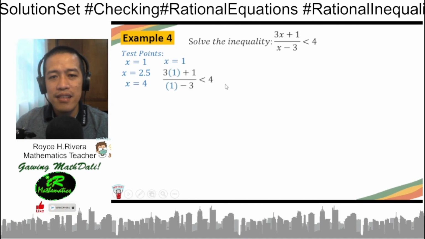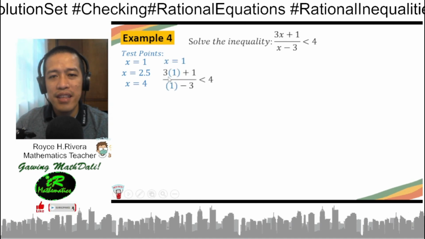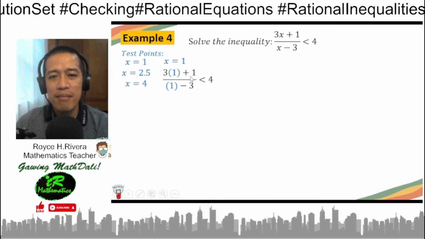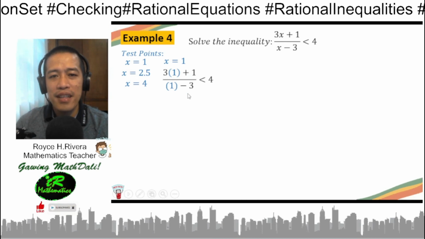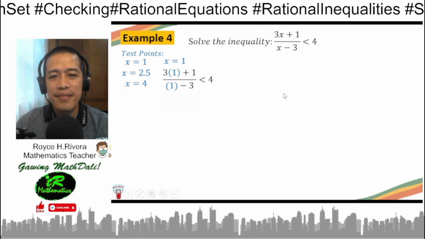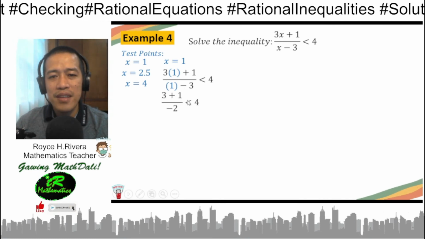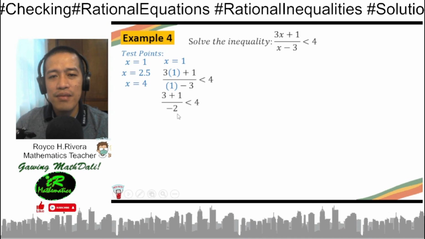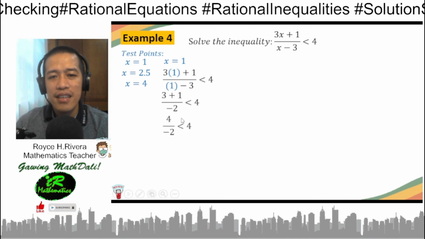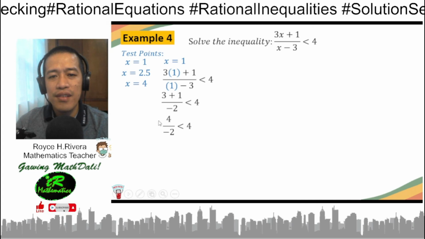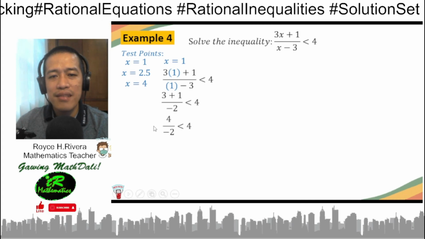First test point, by substitution, we will get 3 times 1 plus 1 all over 1 minus 3 less than 4. We will obtain 3 plus 1 all over negative 2 less than 4. And that is 4 over negative 2 less than 4.